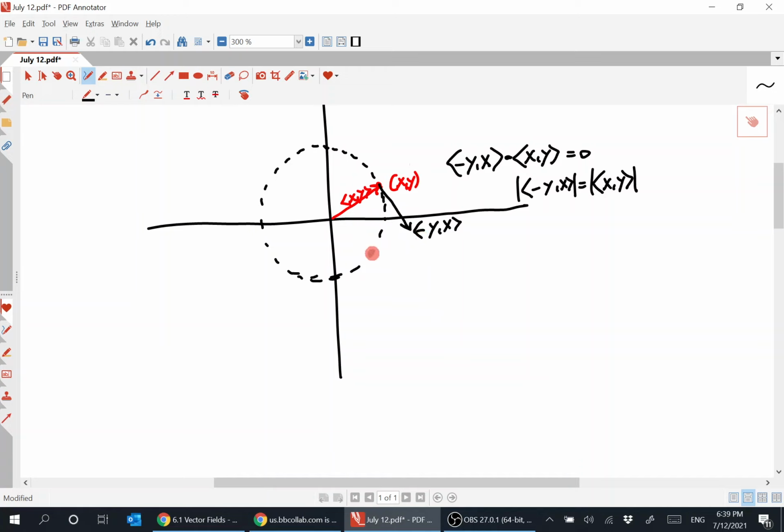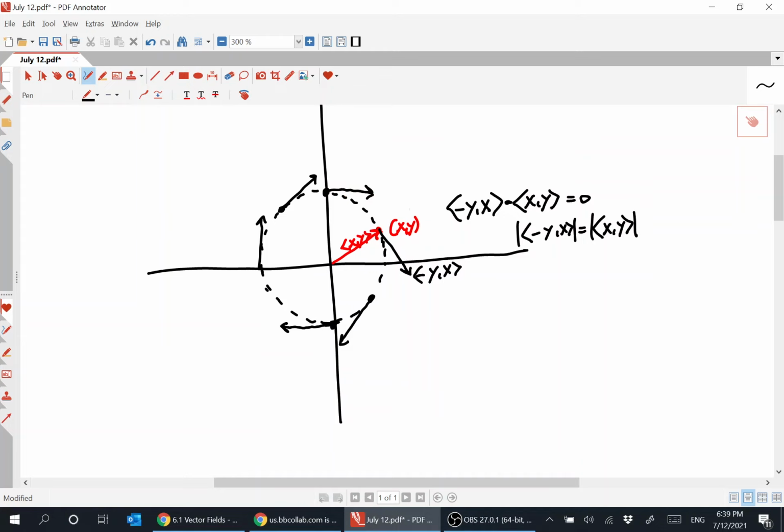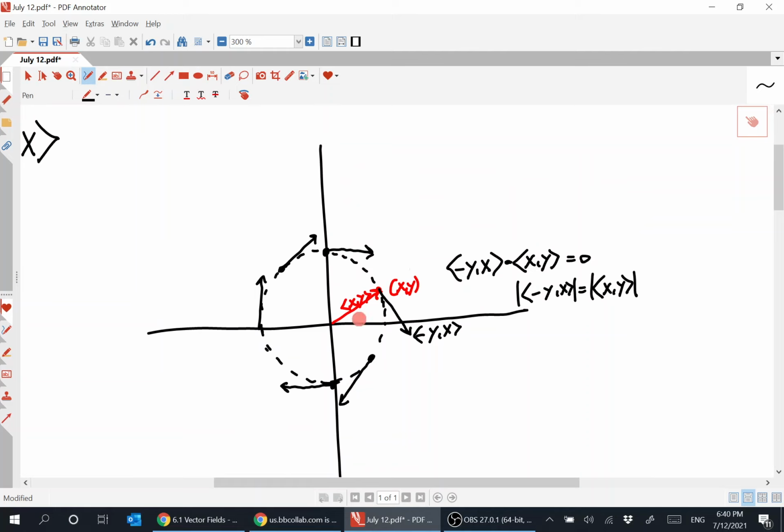So essentially they are tangents to the circle around the origin on which they lie. So this is minus y, x here. The vector at this point is going to point in that direction, this direction, this direction, and they're all length 1 on the circle of radius 1. So we've got a vector field for the vectors on the circle of radius 1 looking like that.